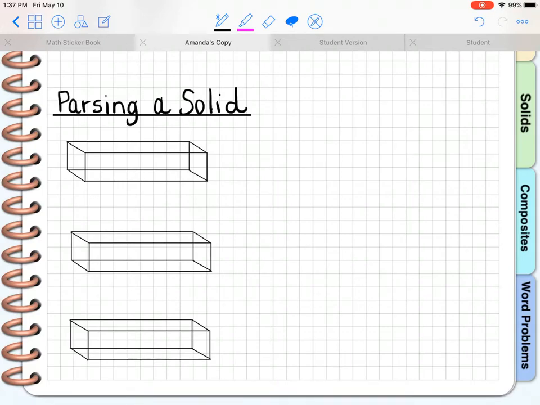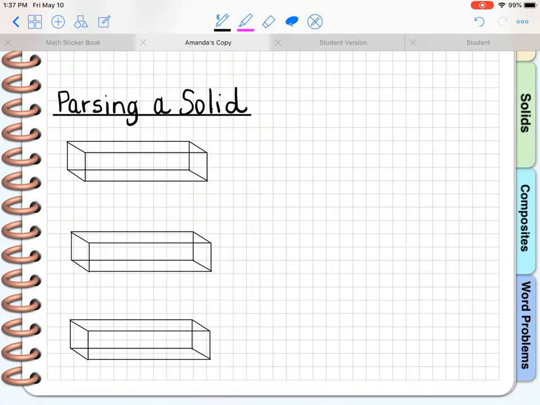Parsing just means that we're splitting up the solid. For surface area, we have to visually break the solid apart and make pictures in our minds so that we can calculate areas for each piece.